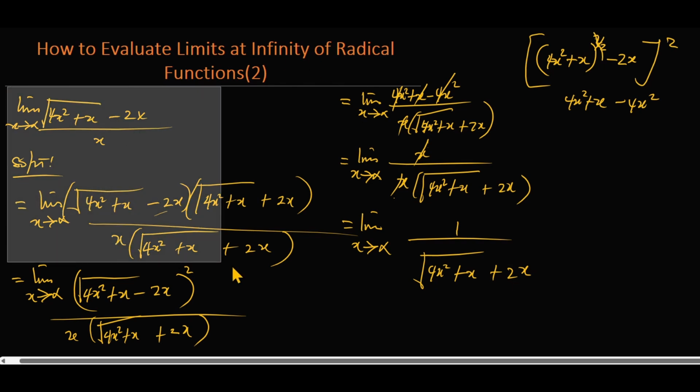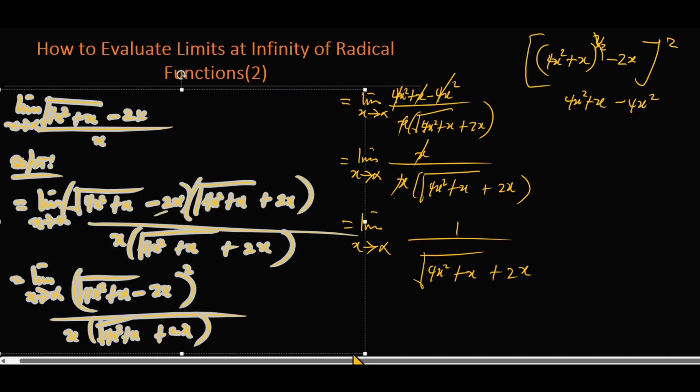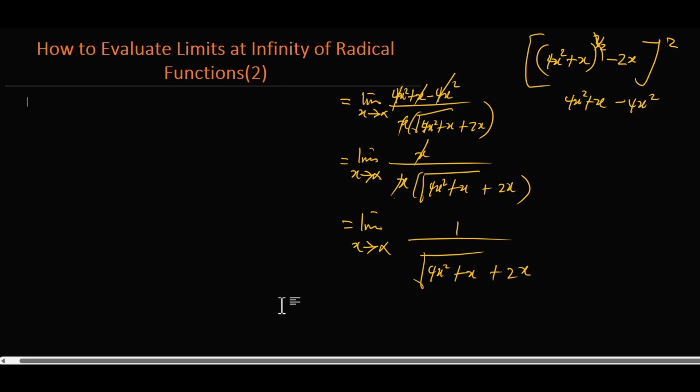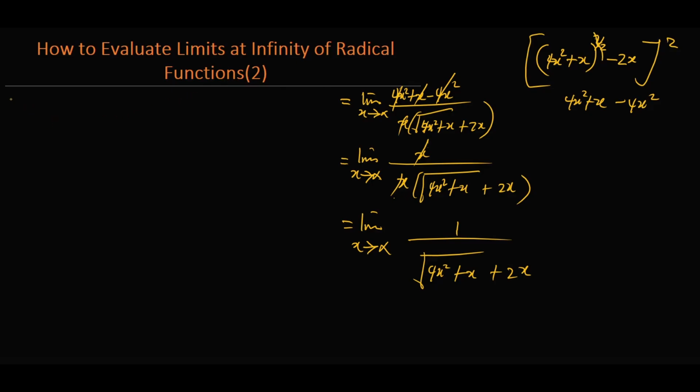If we go further in simplifying this expression, we are going to have the limit as x approaches infinity. Remember, the next step now is to factor out the highest power in the root. So we have 1 all over, the highest power there is x squared, so we factor that out.